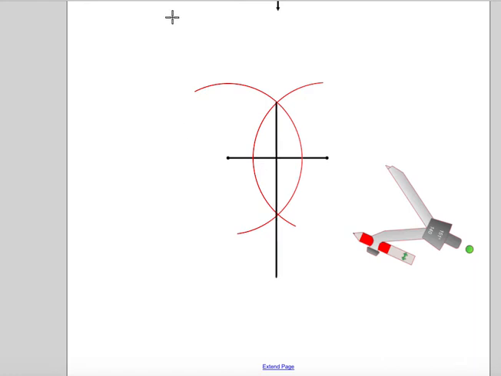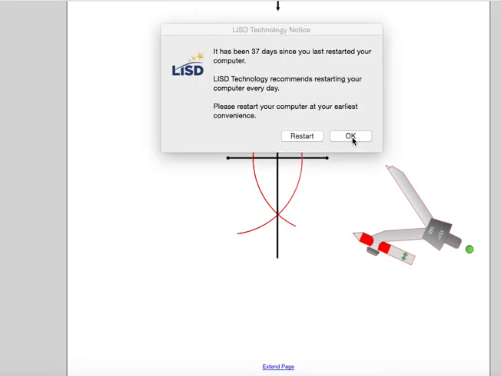I missed a little bit, I'll move it over. There we go.